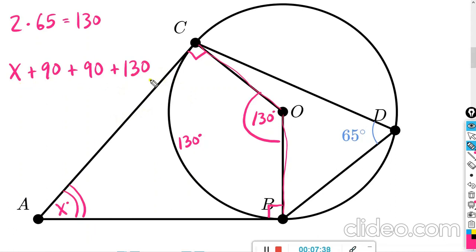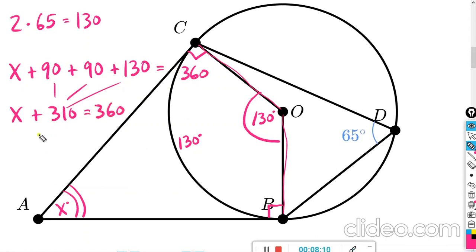I'll just write it right here. They equal 360. So combining like terms, nothing to combine with X. 90 plus 90 is 180 plus 130, that's going to be 310. So I just combine 90, 90, and 130, and that whole thing equals 360.